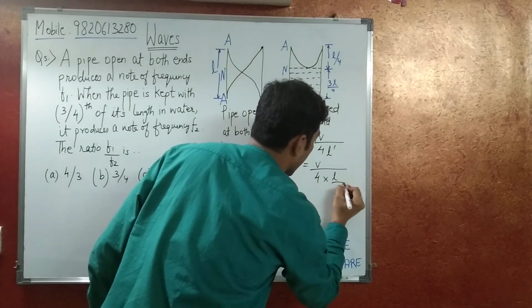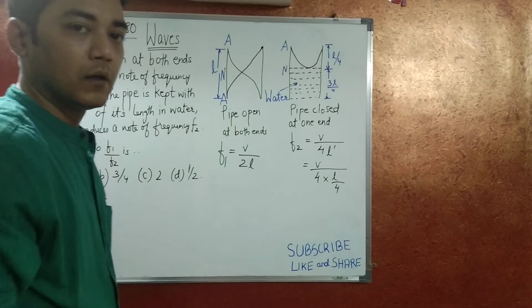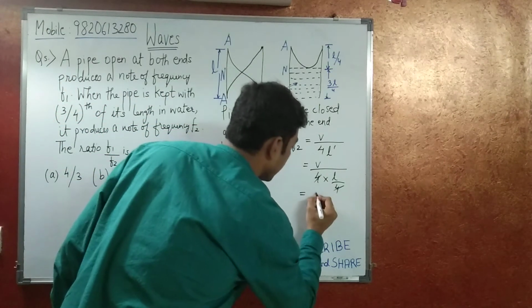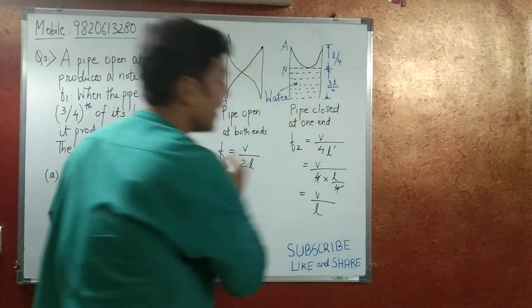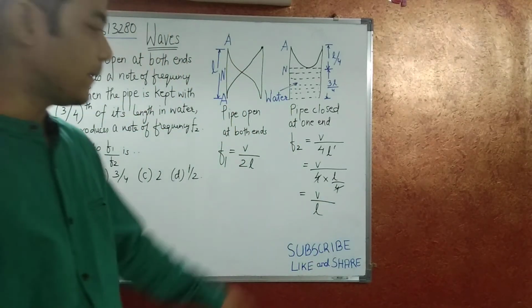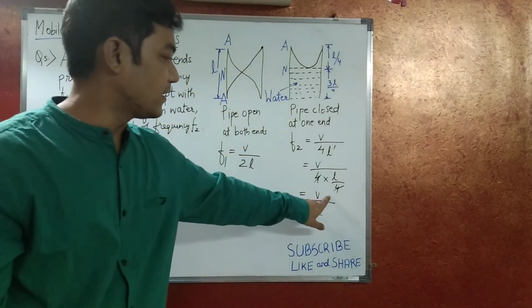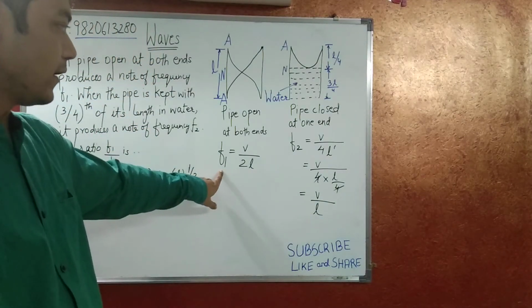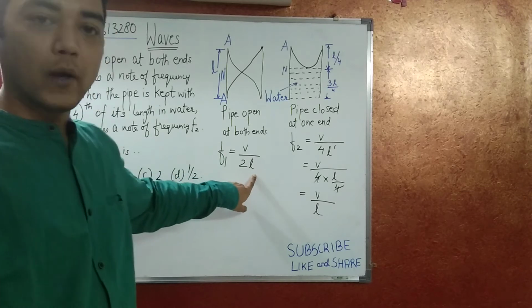Now what do we get? This gets cancelled, so we get V by L. Here the fundamental frequency is V by L and here the fundamental frequency is V by 2L.